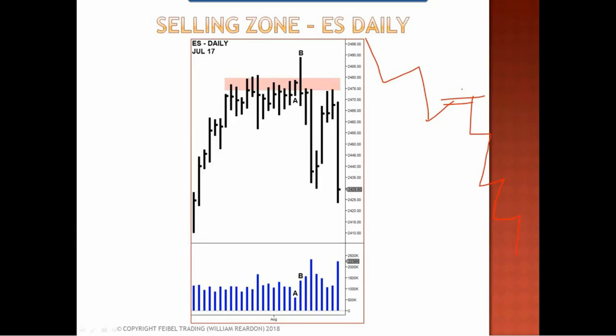Ergo, it's wise to hold our trades for longer if we can. The odds of selling zones producing bigger moves in the overall context of a downtrend yield better price movement, as opposed to being in an uptrend.